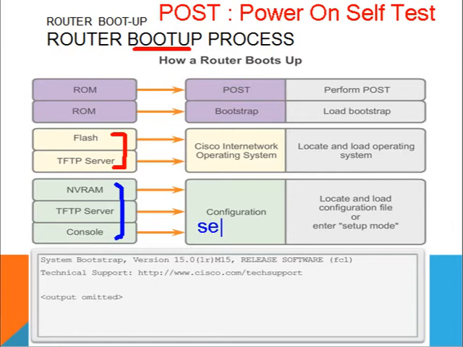So these are a set of settings that reside inside the router. This information can be loaded through the NVRAM or through the TFTP server or the console, and after the configuration file is loaded and everything is completed, it will enter the setup mode as shown over here.